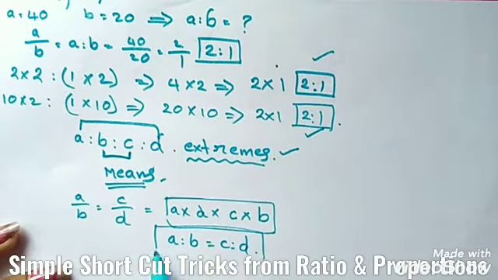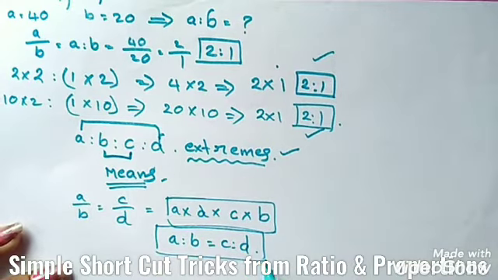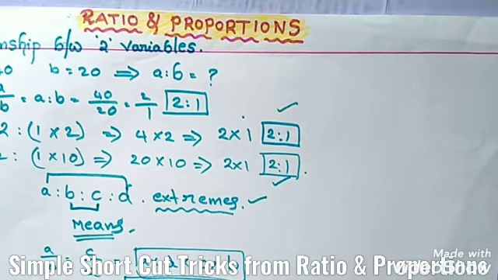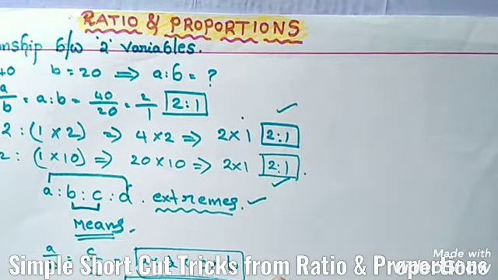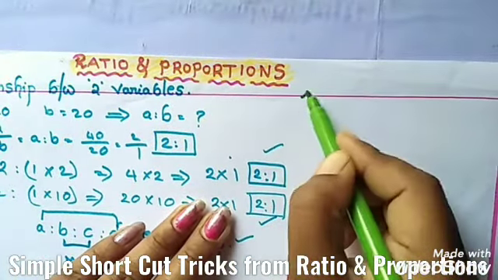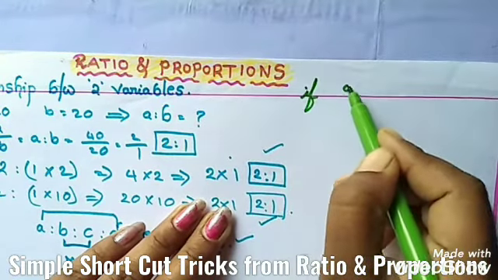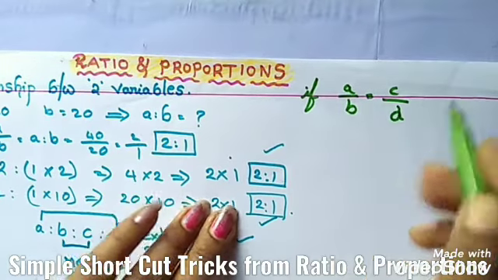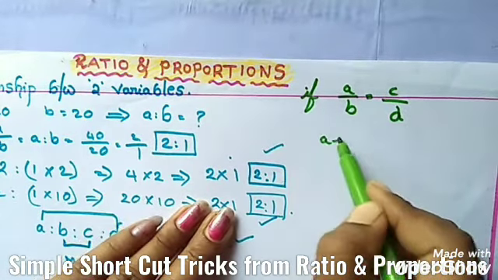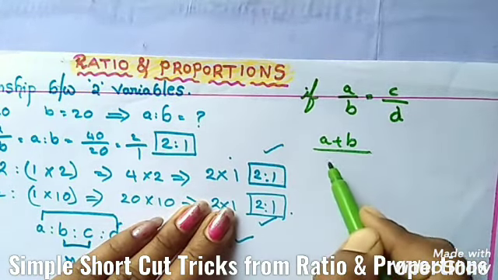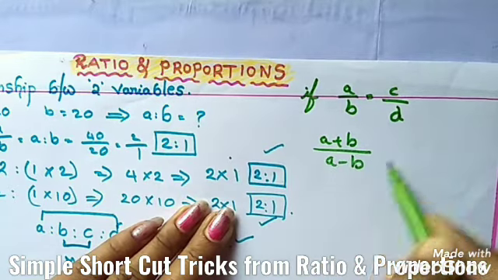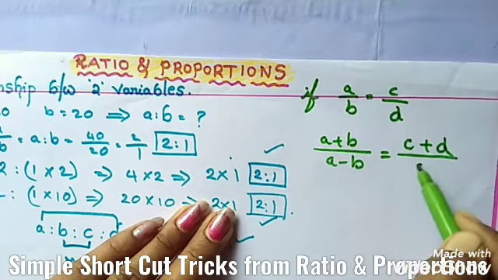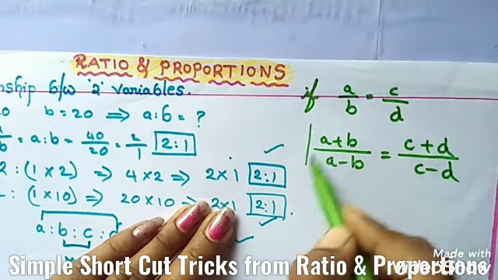This is only the introduction part of this ratio. And here is an important formula you came to know. Suppose a by b is equal to c by d, then a plus b by a minus b is equal to c plus d by c minus d.